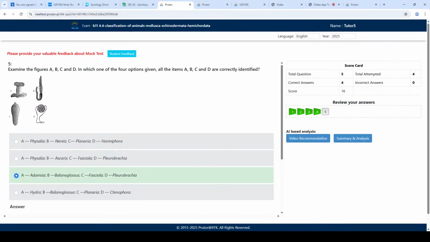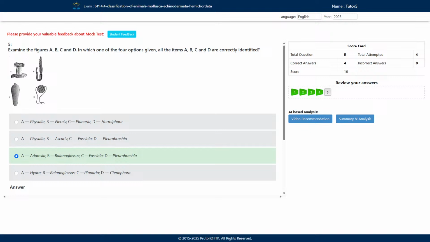Clear? So this was the end of this session. I hope this session was quite knowledgeable for you. In this session, we have discussed the 3 phyla: Phylum Mollusca, Echinoderms, and Hemichordata. You should know the characteristic feature of each of them. You should know the examples. You should know the scientific name also.